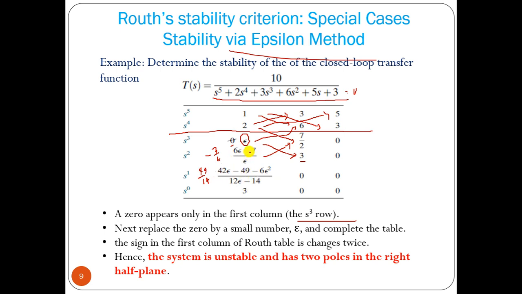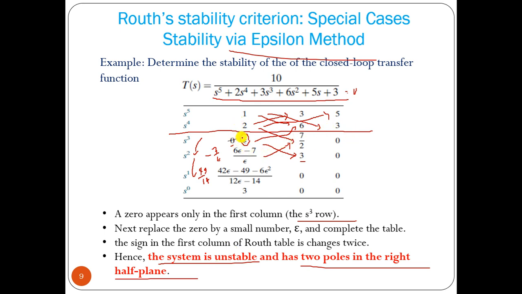Here it will be minus 7 by epsilon. So we have two sign changes. Okay, plus to minus, we are assuming this one is a positive value, plus to minus, minus to plus. Okay, the system becomes unstable and has two poles in the right half plane of the S plane.